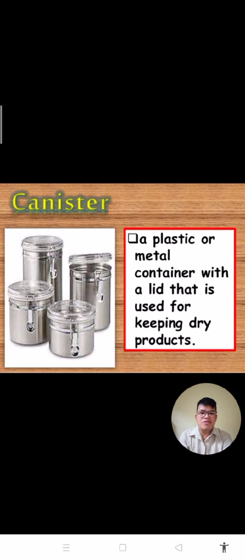A plastic or metal container with a lid that is used for keeping dry products. So, sa canister, pwede natin i-store dyan yung mga leftover natin na dry ingredients like your flour, sugar, or sometimes kape, gatas nga dagitay powdered.